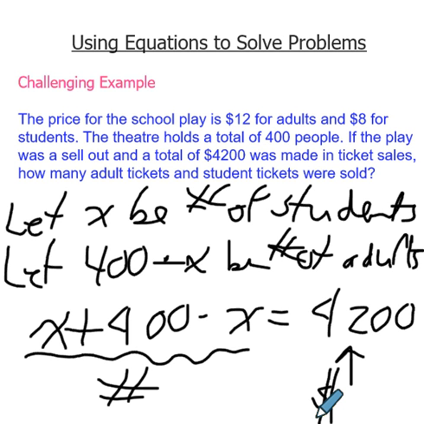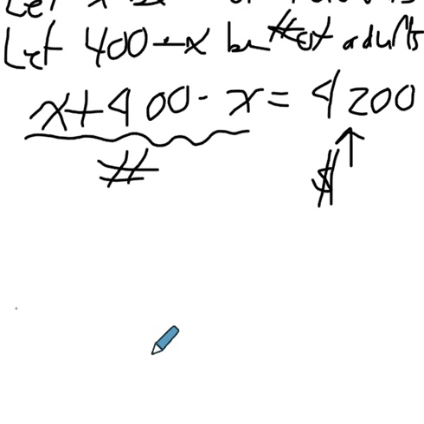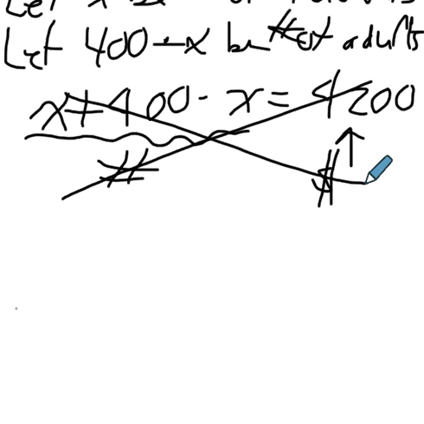What you have to do is take the number of students and number of adults and turn that into money. Well, how do you do that? If each student ticket is $8 and there are X student tickets, the total money would just be $8 times the number of student tickets, which in this case is X, so 8X.